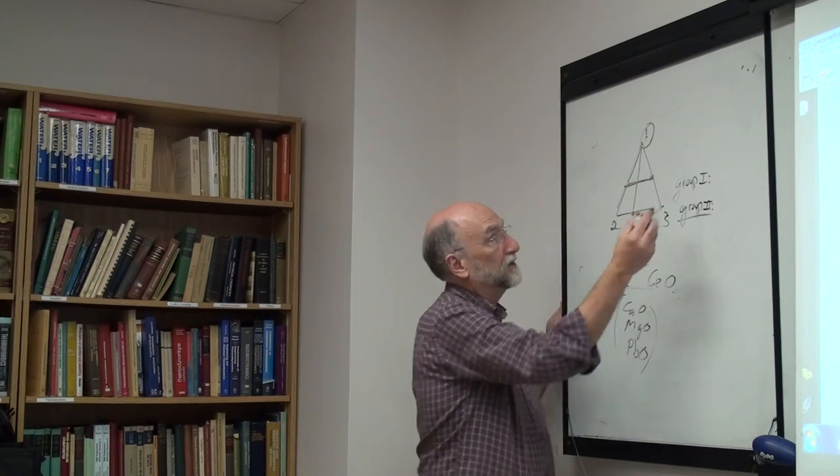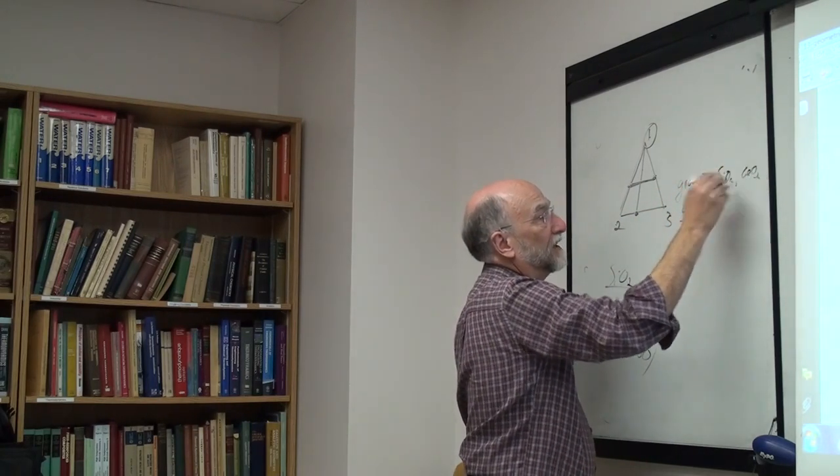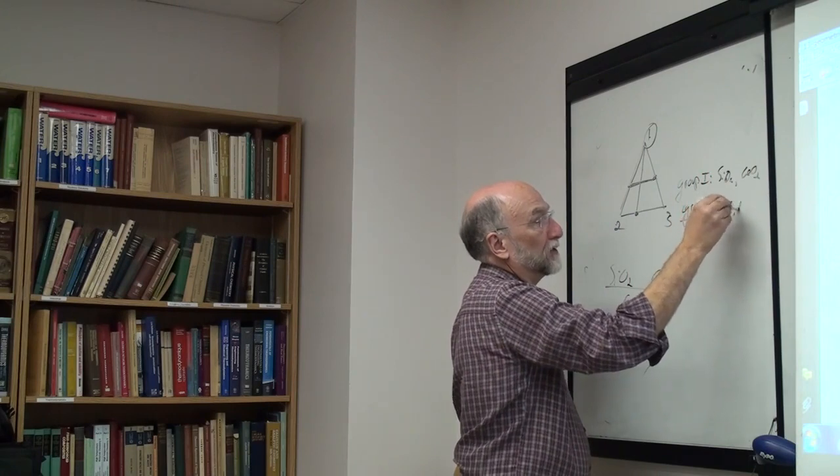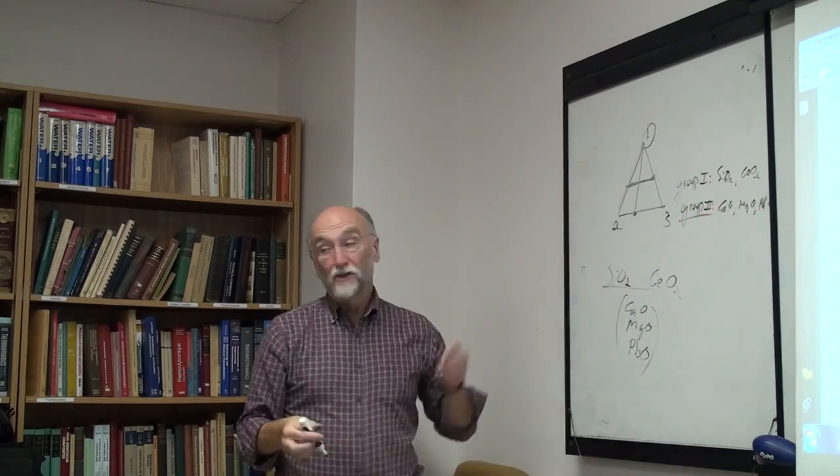Group 1 would be silica and germania, and group 2 would be calcium, magnesium, and lead oxide, which are the bases. So you divide things into group 1 and group 2.